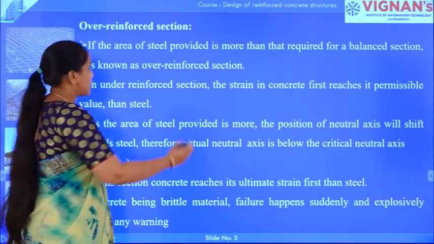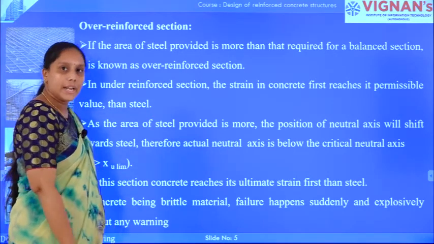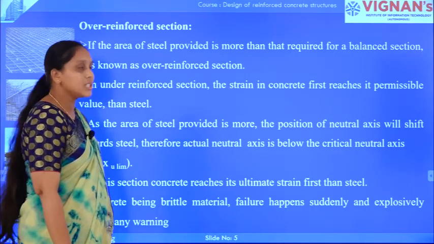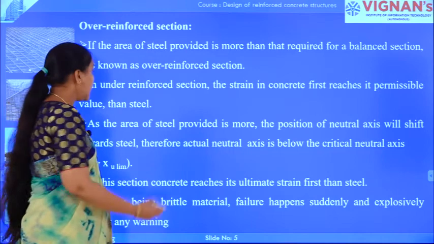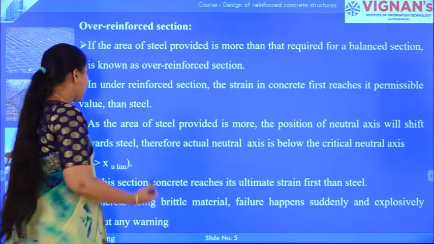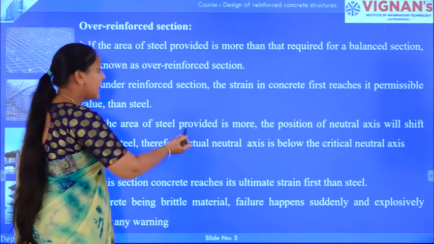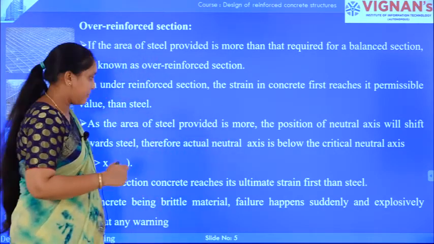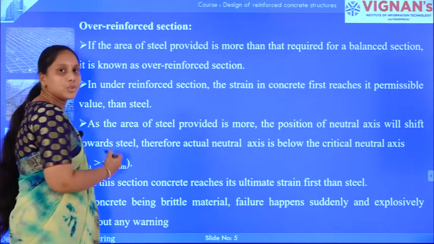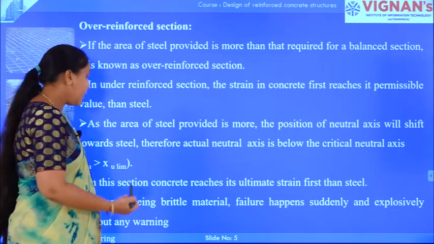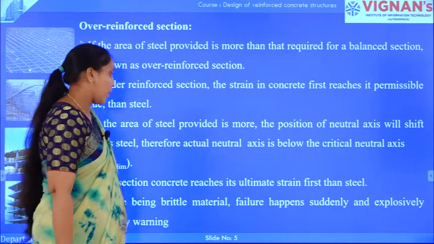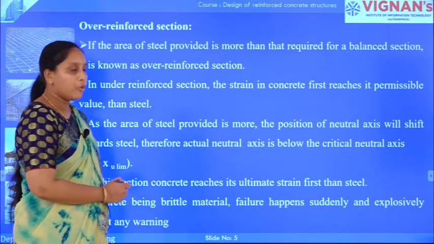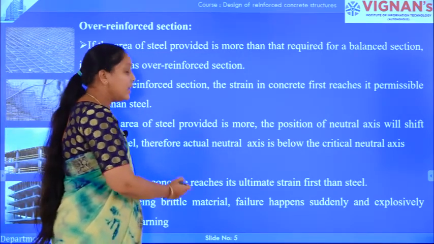Such a type of section is called an over reinforced section, and in an over reinforced section the strain in concrete is reaching its permissible value first than in steel, and as the steel provided is more, the neutral axis is shifting downwards, so XU will be greater than the XU limit, and the mode of failure in this particular over reinforced section is a brittle failure.